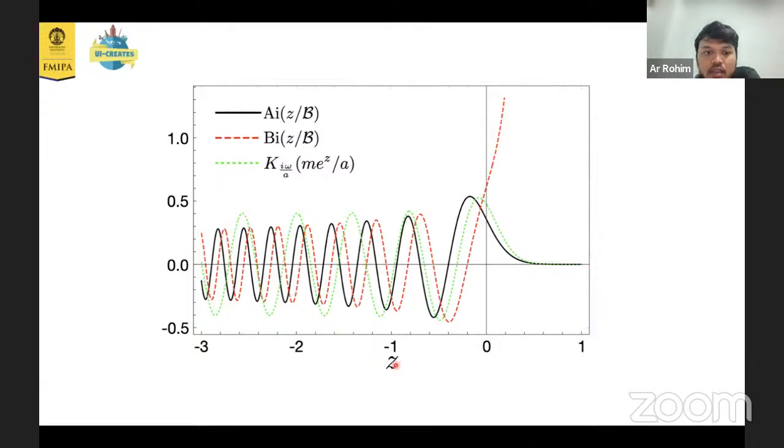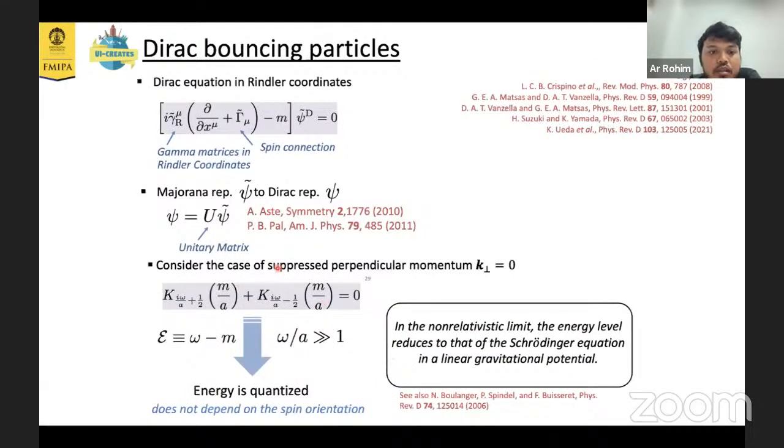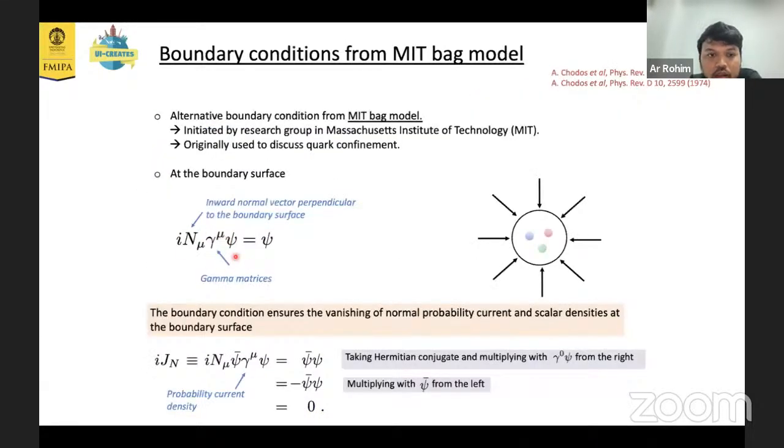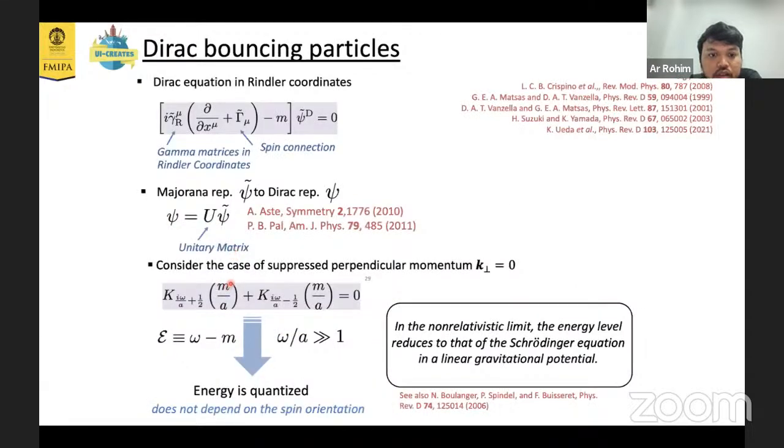Then, if we impose the boundary conditions from the MIT bag model that we discussed previously on the general solution, we obtain these conditions. So B equals 0. Then we can obtain the energy by solving for the zeros of the modified Bessel functions.